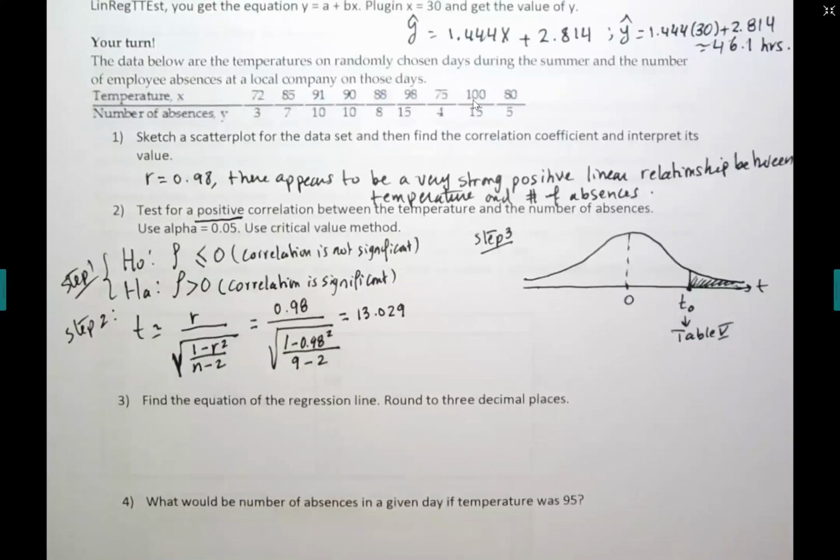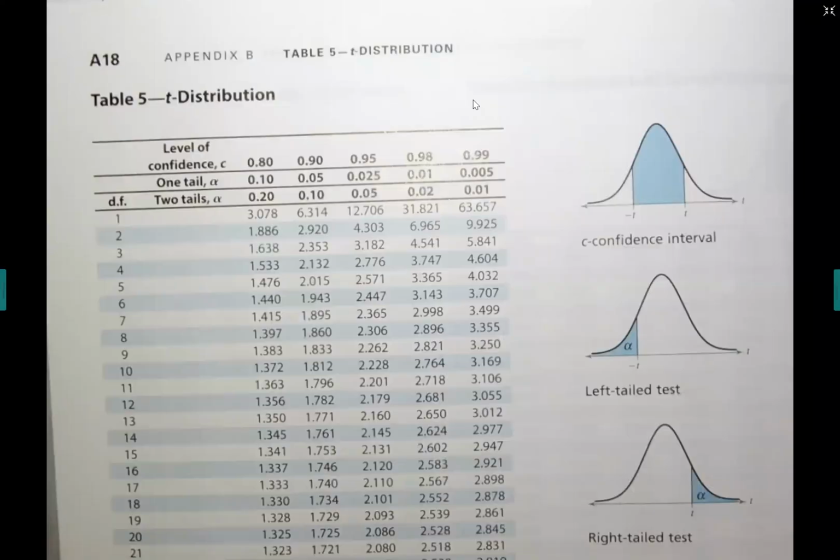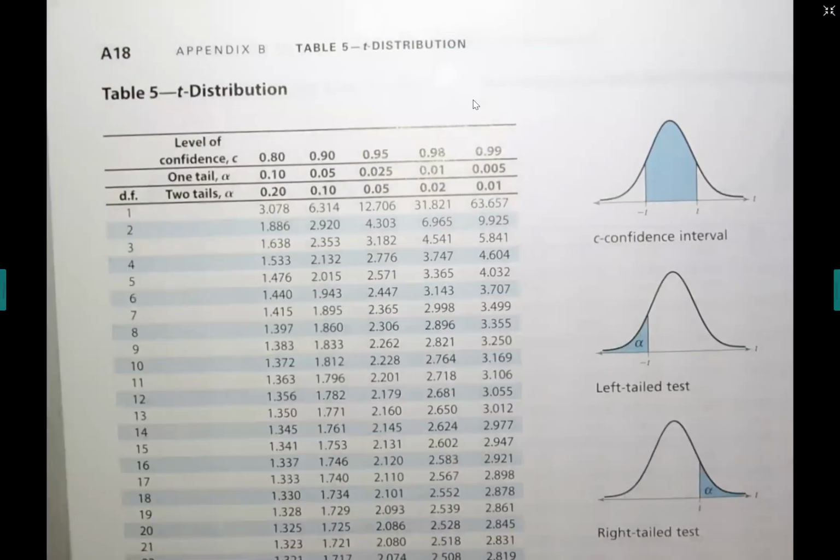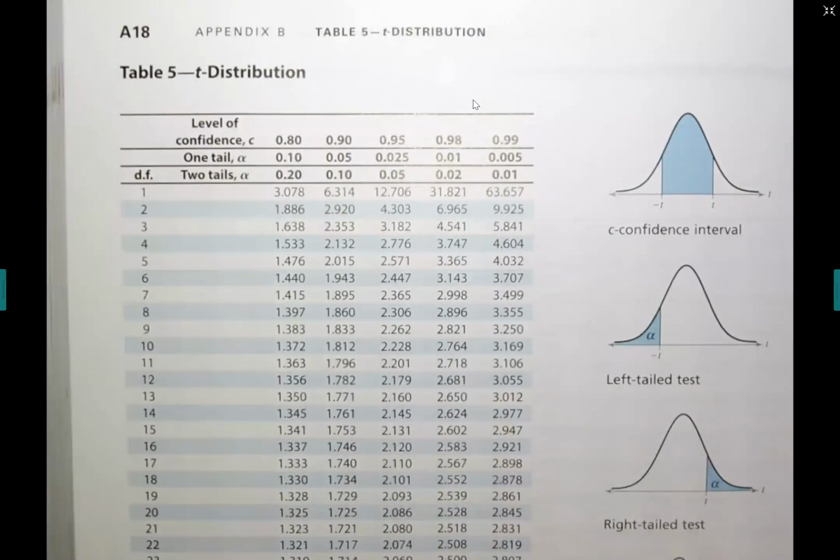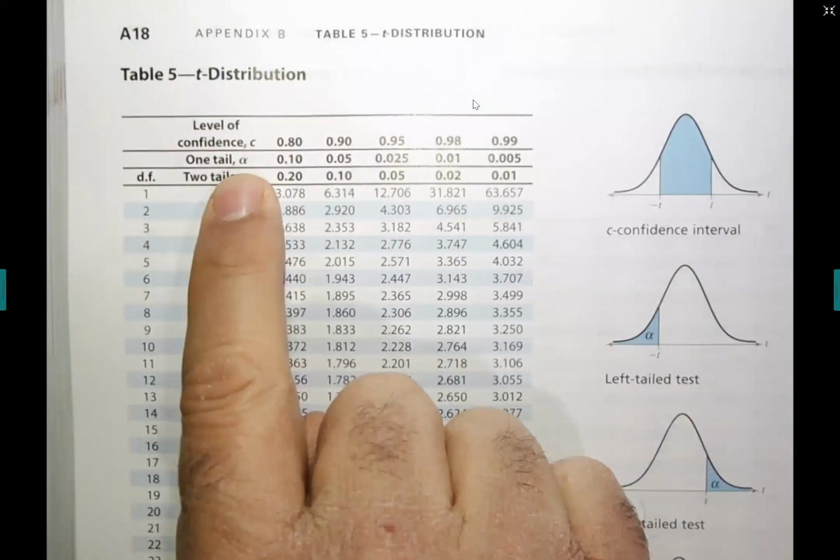And here is the book, just to show you the table that you should have a loose copy of it already. I'm sure this table still rings a bell. It's one tail greater, so it's one tail.